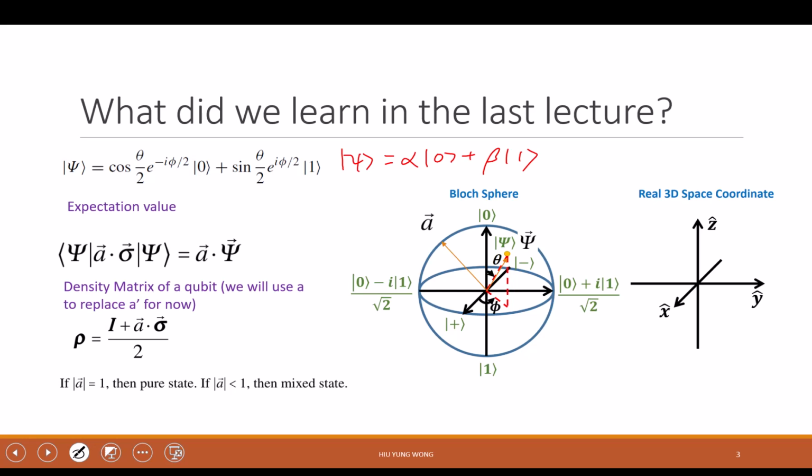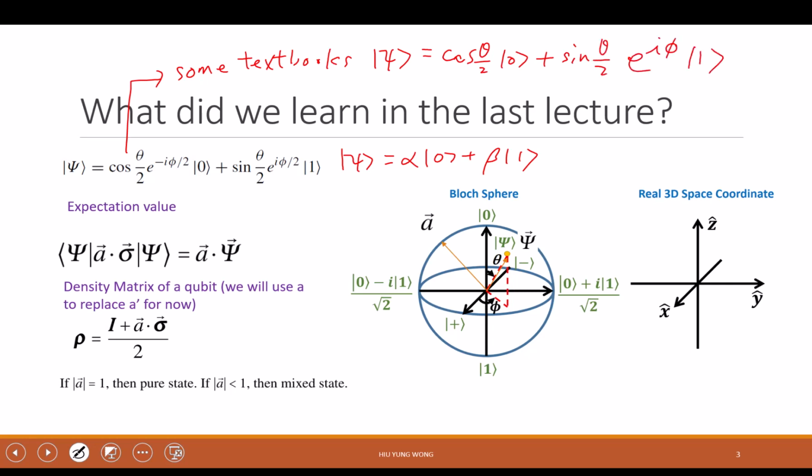And in some literature, this is written as psi equals cosine theta over 2 |0> plus sine theta over 2 e to the power i phi |1>. The only difference between this one and the previous one is a global phase of e to the power i phi over 2, which again doesn't matter.